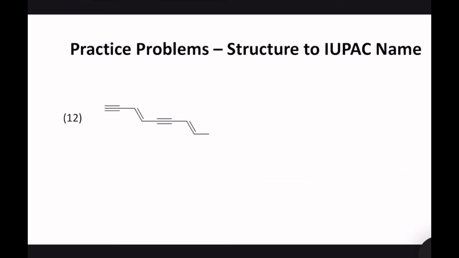Let's look at example number 12. If you do the numbering left to right, 1, 2, 3, 4, 5, 6, 7, 8, 9. The triple bonds are at 1, 5 position and the double bonds are coming at 3 and 7 positions.